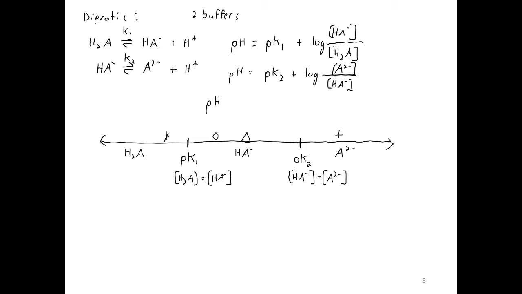And let's do those, starting with the triangle, which again was at the midpoint, which mathematically means that the pH must be equal to the average of pK1 and pK2, or 1/2 times pK1 plus pK2. Where have we seen that formula before?